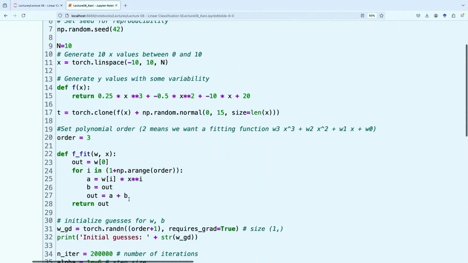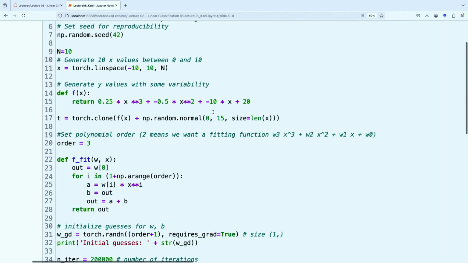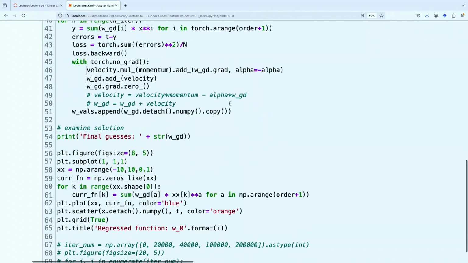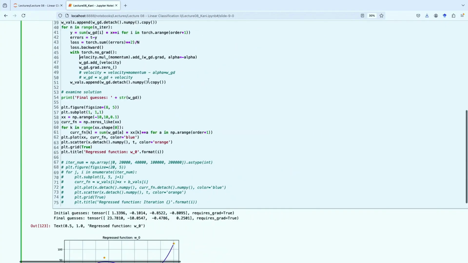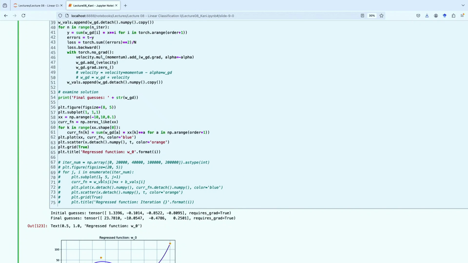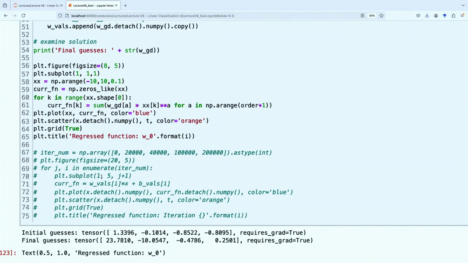But anyway, good thing we have the momentum method, because we update the gradients and we get some final guesses. Okay, so looking at before, the underlying function had parameters 0.25, -0.5, -10, and 20. If we actually go through this process, we get 0.25, -0.47, very close to -0.5, -10.05, very close to -10, and 23.78, very close to 20, or was it 25?